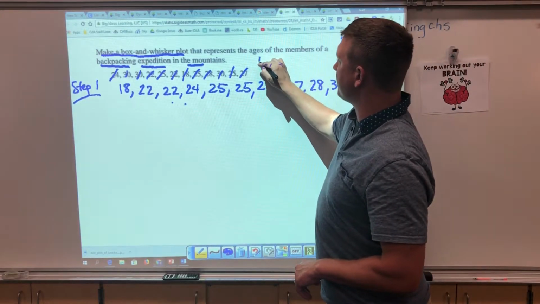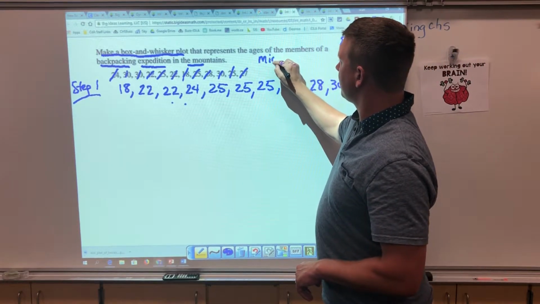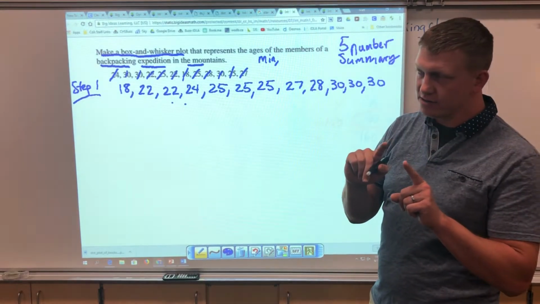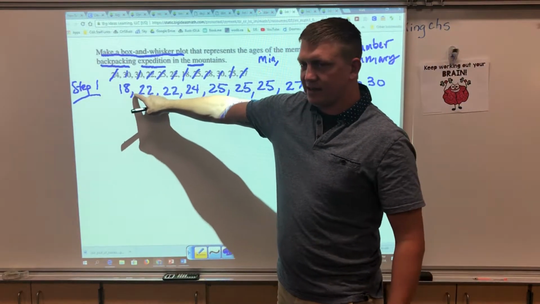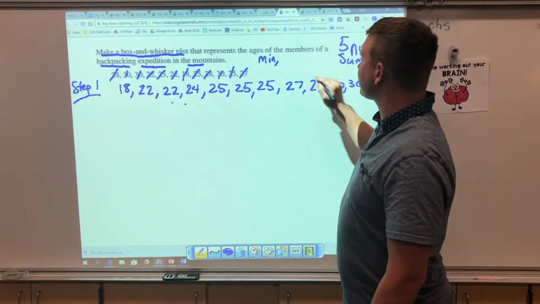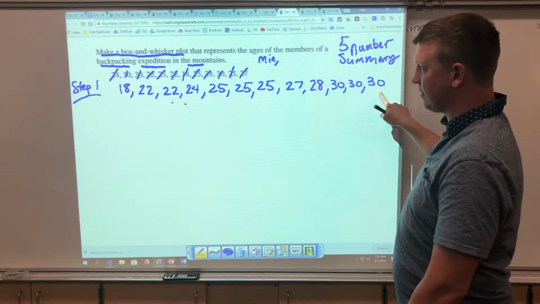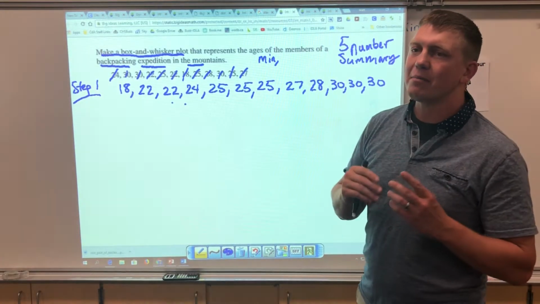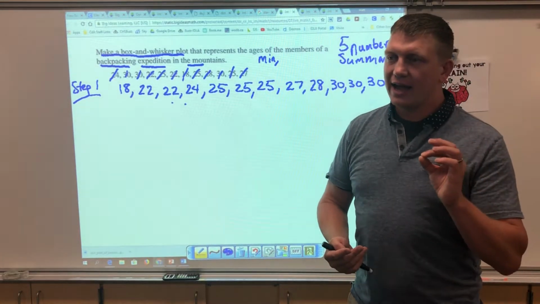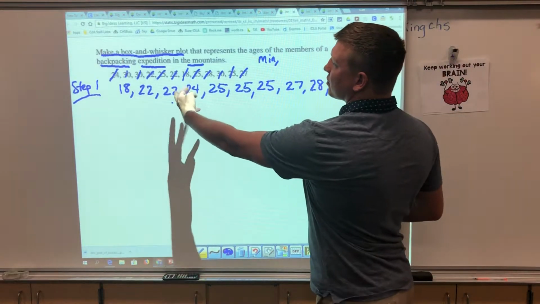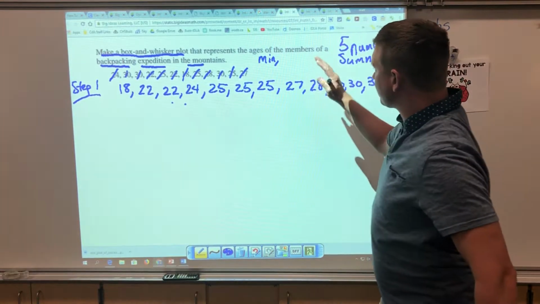It's going to be the minimum as the first number that I care about. That's easy. It's right there, 18, minimum. I also care about the maximum on this end, okay? But then I also care about the median, the middle number, and I also care about something that I call quartile 1 and quartile 3.